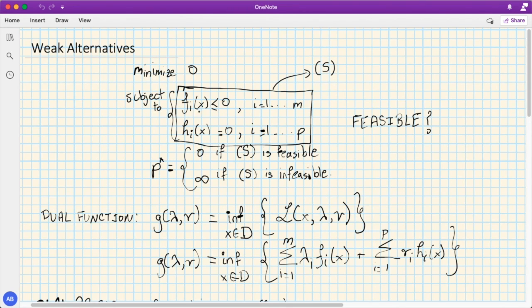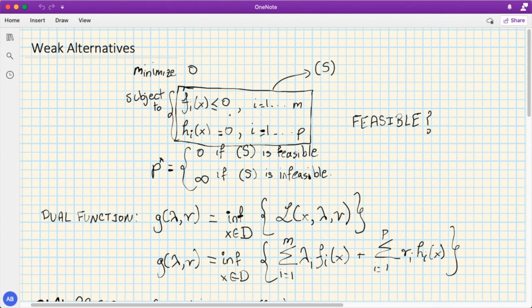That is, where my Fi's should all be non-positive and my Hi's should all be 0. This is a very important question to answer in optimization theory. And this one will not be restricting my Fi's to be convex or my Hi's to be affine. So weak alternatives apply to optimization in general.